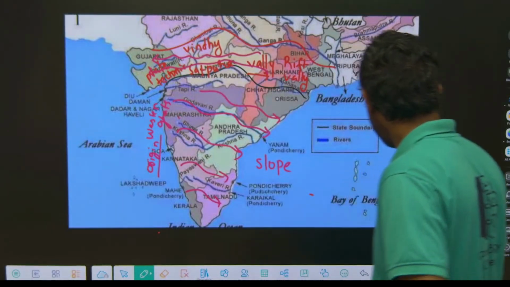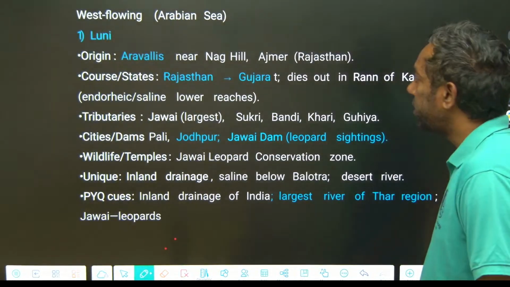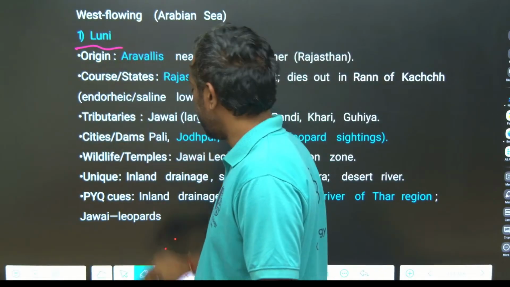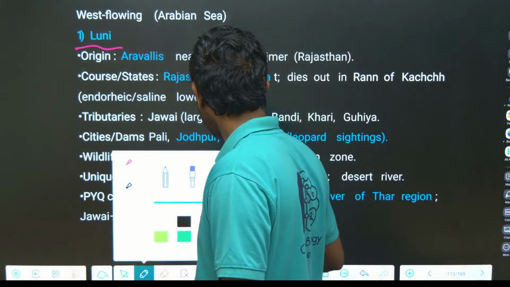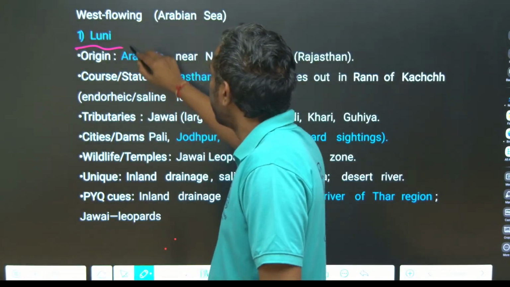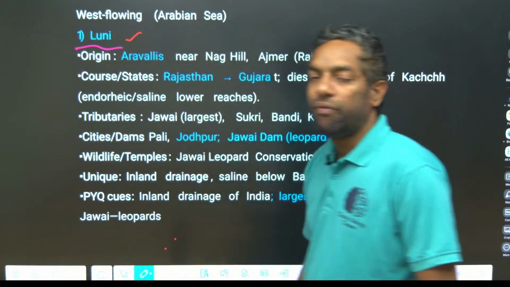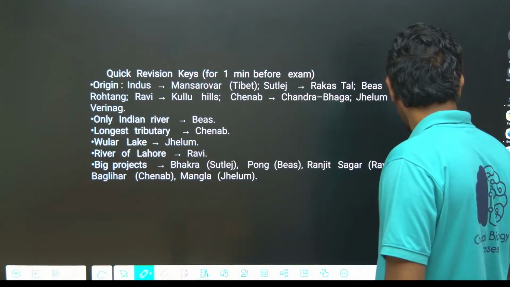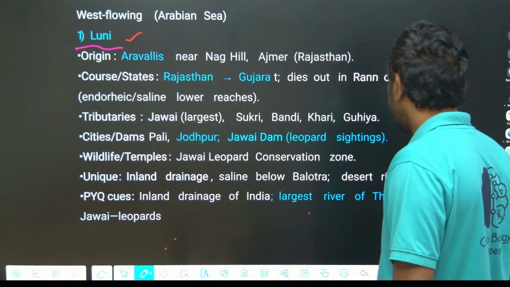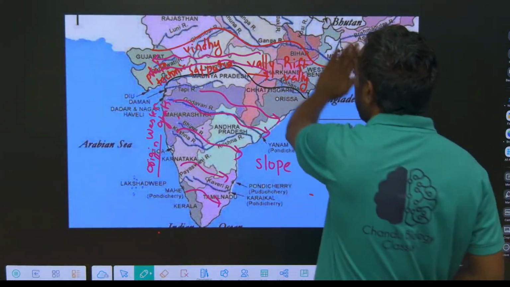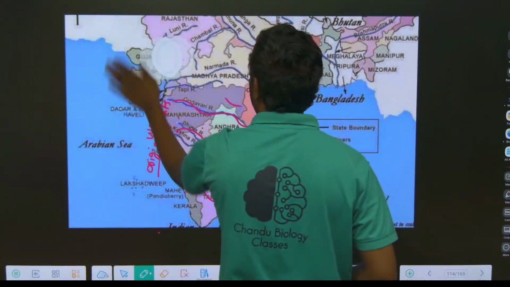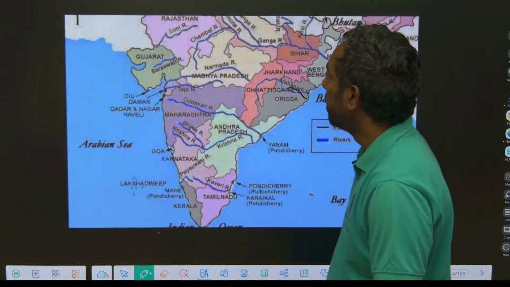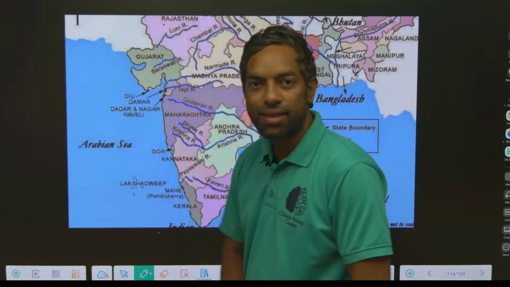The first river is the Luni river. Where is it located? Just look here: Luni river, Rajasthan, this is the state Rajasthan.